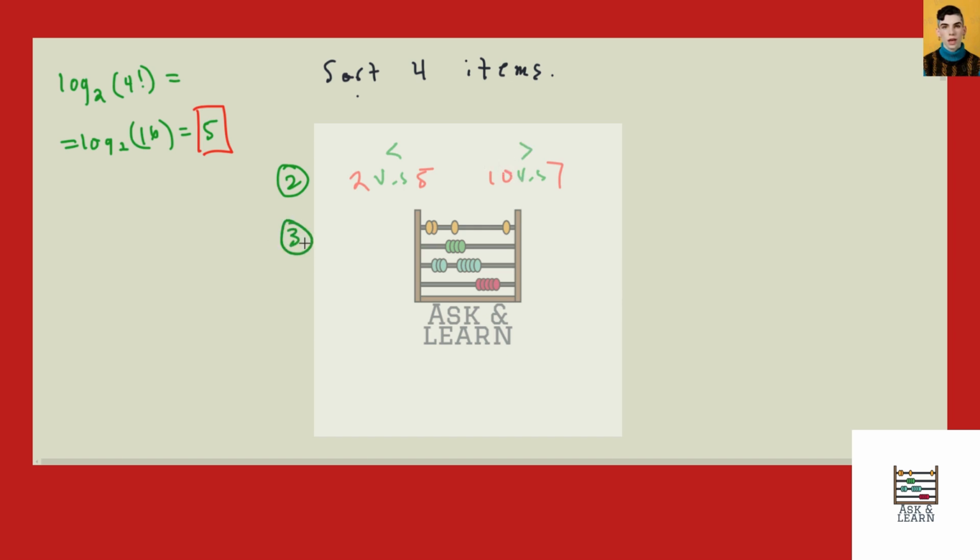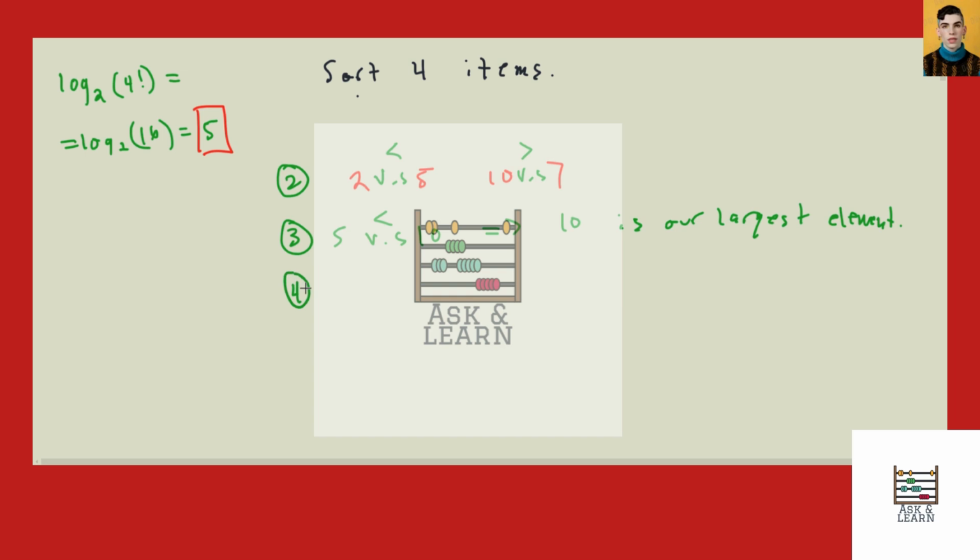Well, then for our third comparison, why don't we figure out what our largest element is going to be? So we could compare the two largest here. So we could do 5 versus 10. So then 10 is larger, and now what this implies is 10 is our largest element.